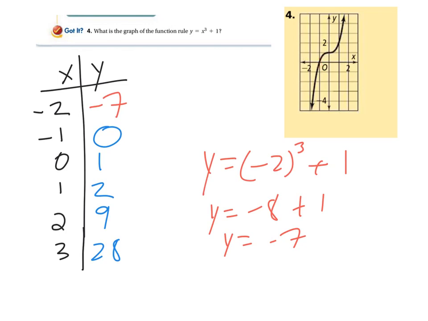And then we've got 0, 1 up here. And we'll talk, some of these have special names too, and we'll talk about that later on. So 1, 2 up here. And 2, 9 going to be up off the chart, right? And 3, 28 certainly going to be off the chart. So there you go. Again, recognizing when I cube or square things like that, that it's not straight lines connecting them. Make a nice curve that goes between and connects them all.